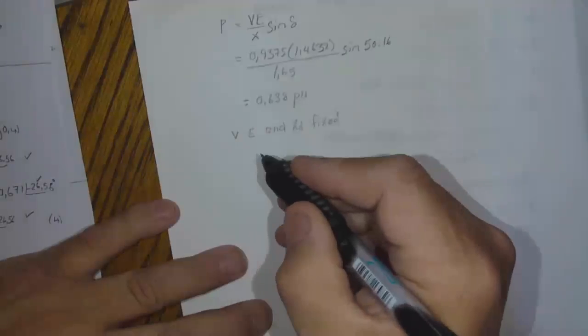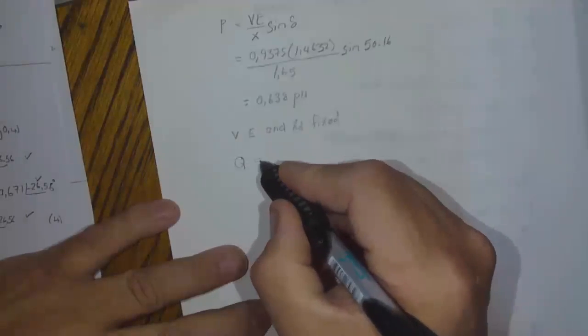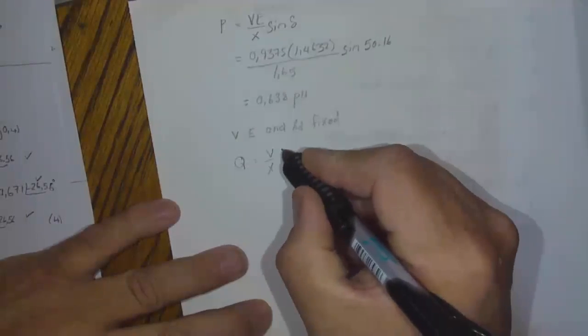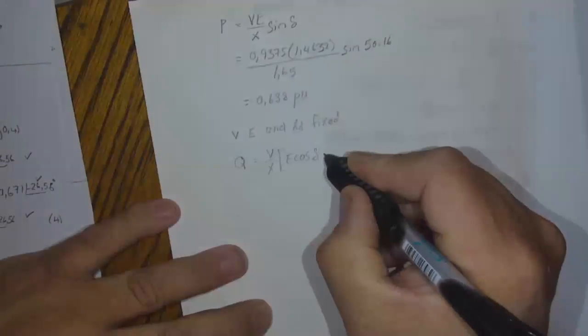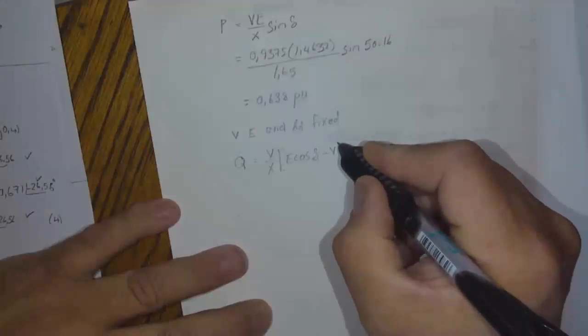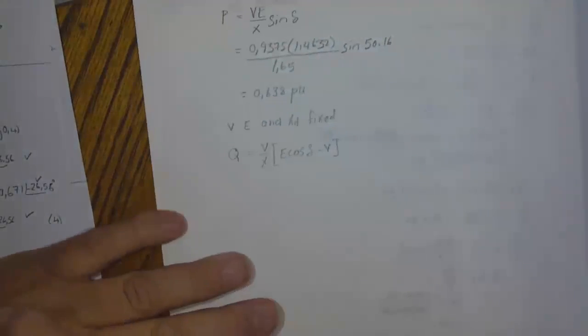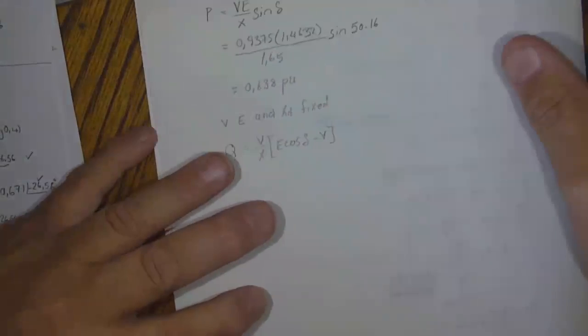So Q then we remember is V over X, E cos delta minus V. Now remember, when we want to determine the maximum value, we have to differentiate the equation.